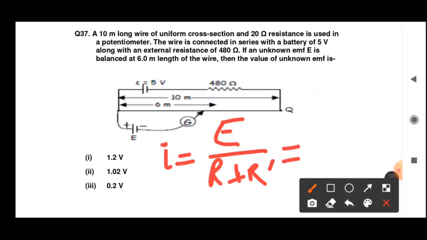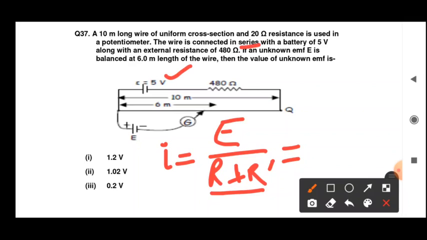So here, if you see now, two of the resistances are connected in series. It is given that they are connected in series, so these two resistances will simply be added. The value of E is not known actually.